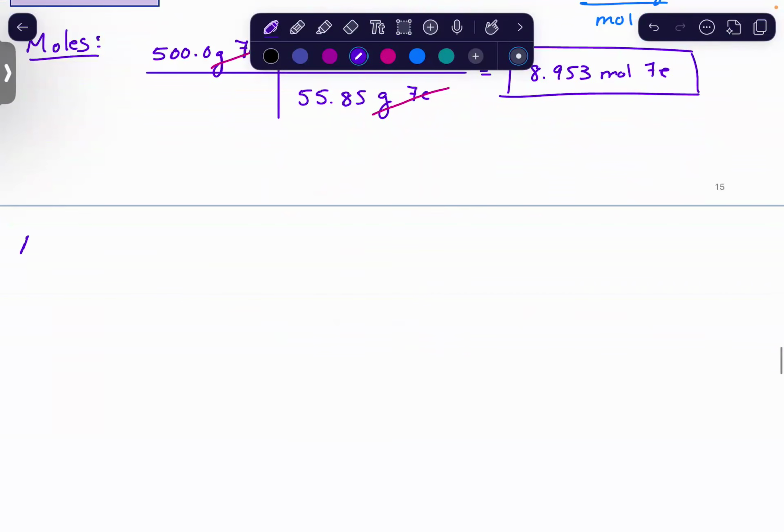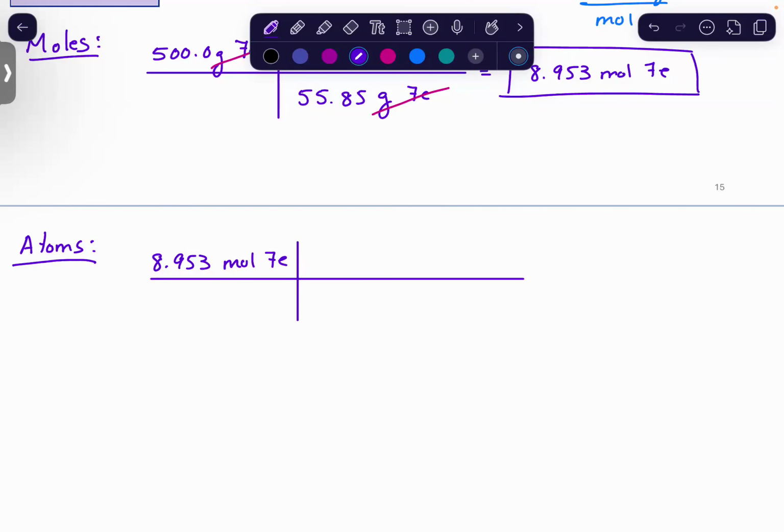Okay, so then let's go to, what was the next one? Atoms. Okay, so now I have moles, and I know that I can go from moles to atoms using Avogadro's number. And I know the Avogadro's number in this case, 6.022 times 10 to the 23rd atoms per 1 mole of iron atoms.